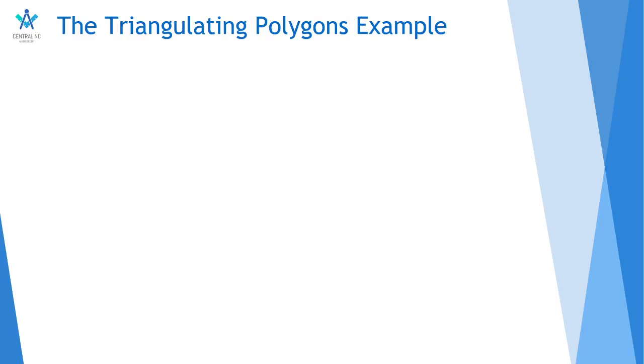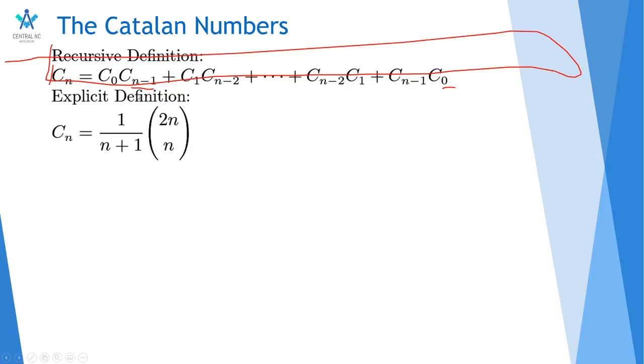So you can't have the vertex of a triangle be the intersection of two lines inside the polygon; each vertex has to be a vertex of the polygon. With that said, let's go on. I'm going to relate back to this definition over here.